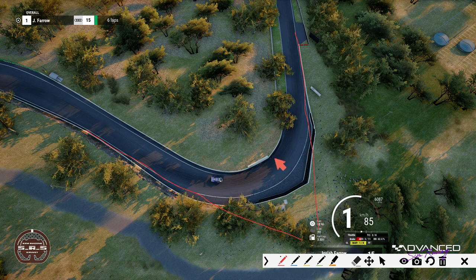Our apex, and this is a corner where you would absolutely be fine-tuning, right? It's really difficult to figure out where exactly you're going to apex, both in the car and even from on top.